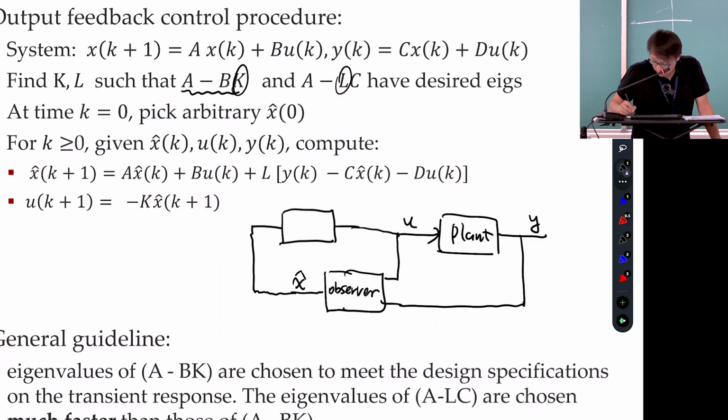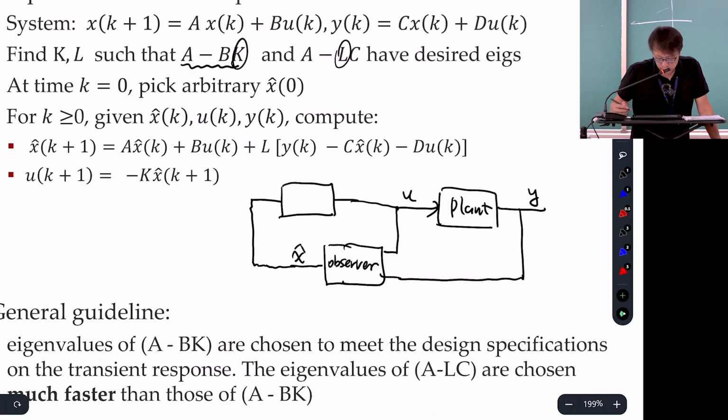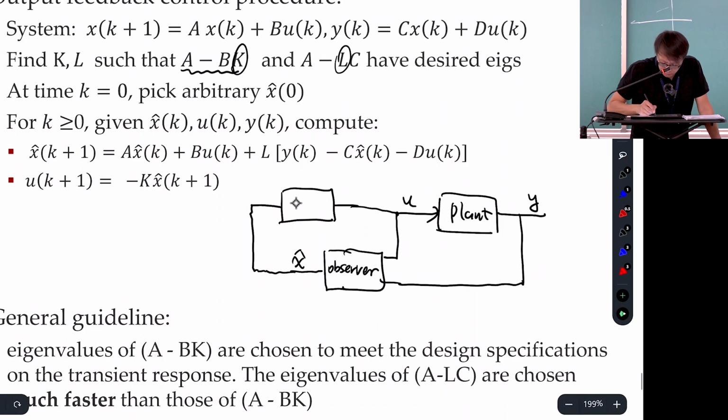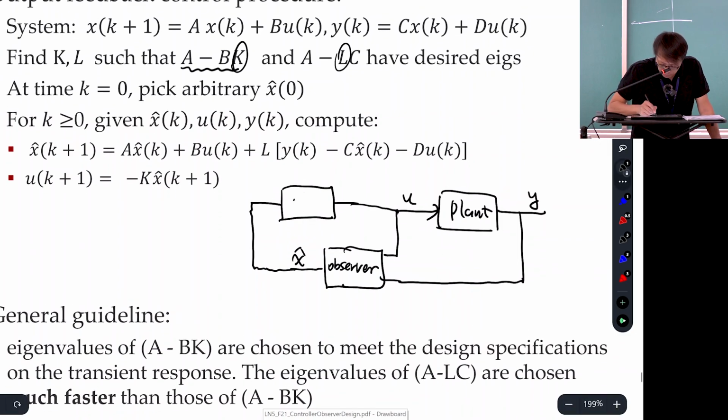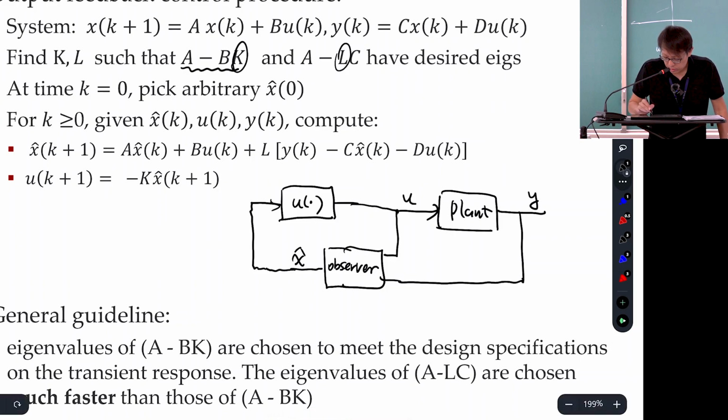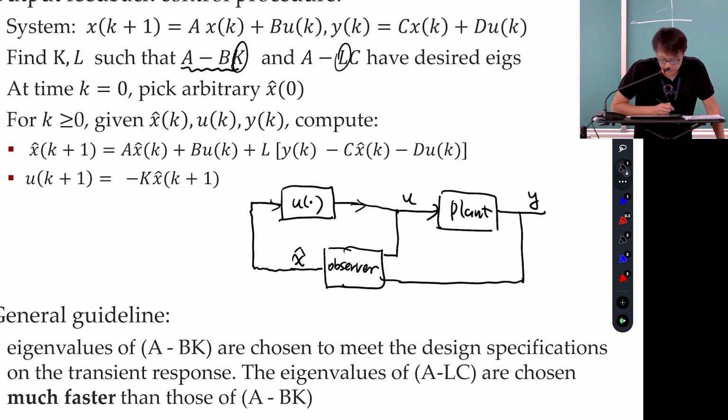Let's call it a function of the input u: u equals, in this case, negative K times x hat.